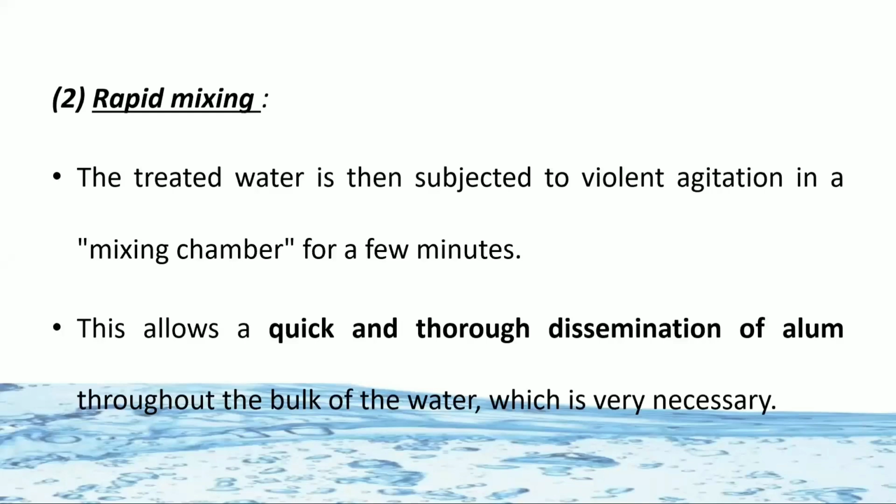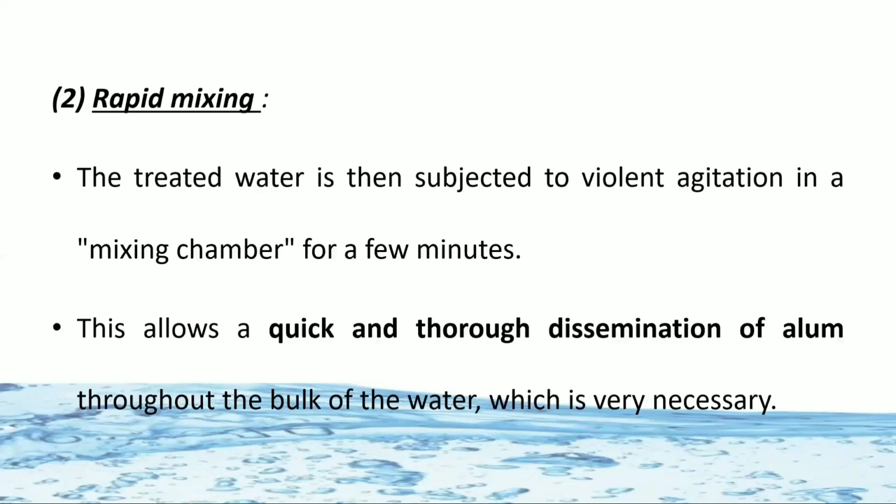Here the rapid mixing of water is done. This allows quick and thorough dissemination of alum throughout the bulk of the water, which is necessary. So alum is equally dissolved or mixed with water, and this mixing is done rapidly.